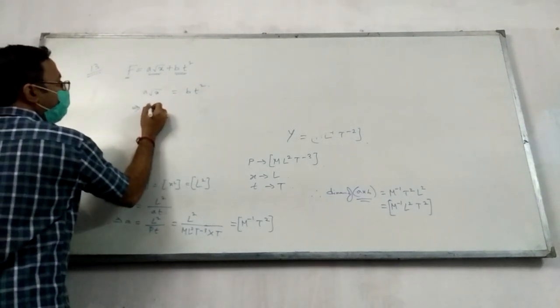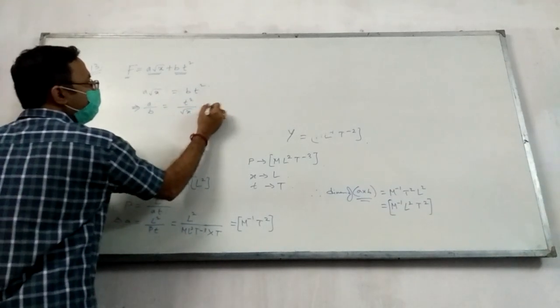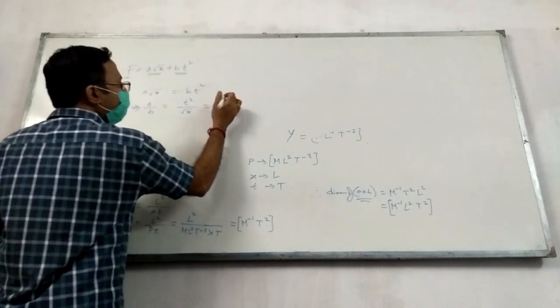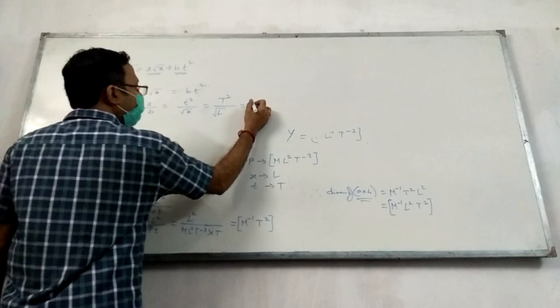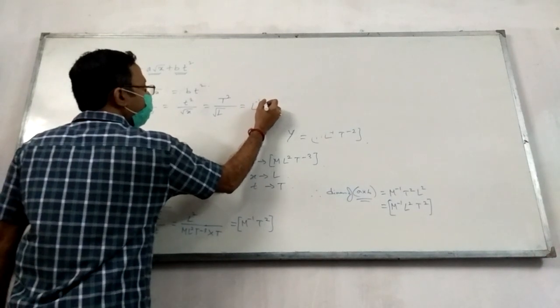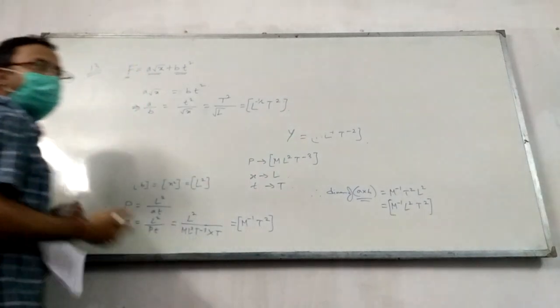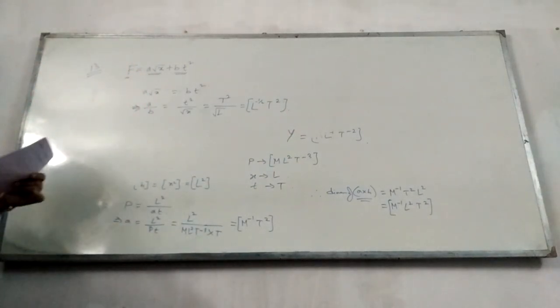Then a by b will be equal to t square by root x, that is T square by L root, which means T to the power 2 L to the power minus half.